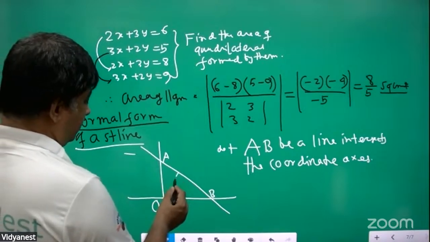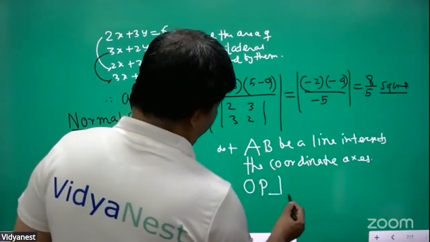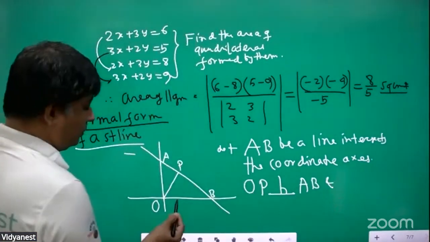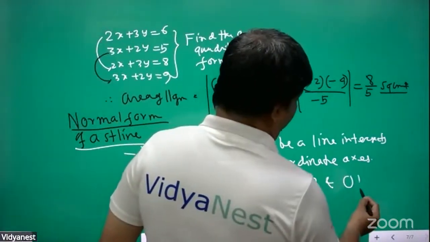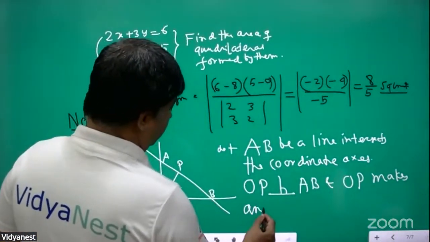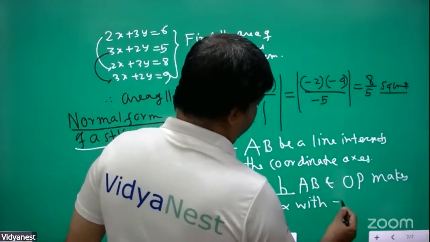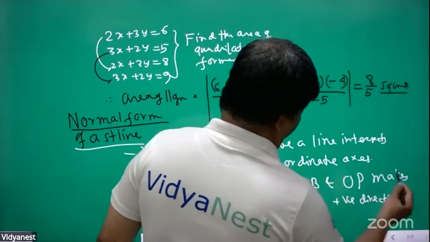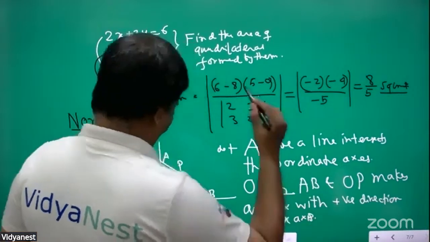Now, OP is drawn perpendicular to AB, and OP makes angle alpha with the positive direction of the x-axis.